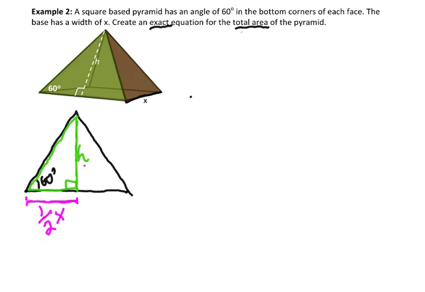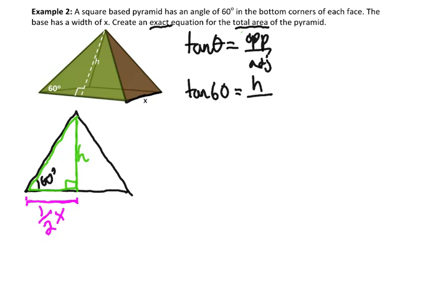And then I can actually make an expression for h using Sohcahtoa. So Sohcahtoa tells me that tan of my angle is equal to the opposite over the adjacent. Now for us, the angle is 60 degrees. And the opposite side is h, and the adjacent side is a half of x.